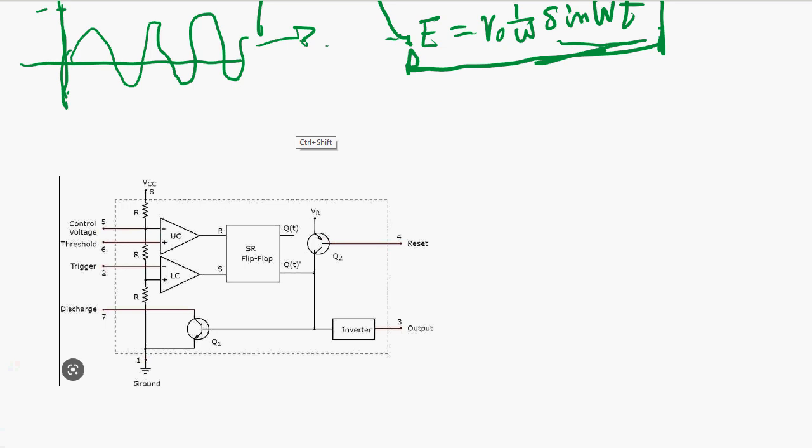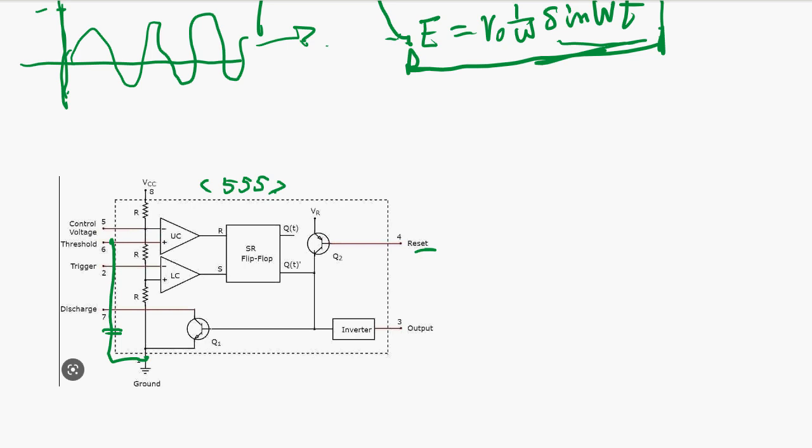Before we go to hands-on electronics, this is the 555, a very well-known timer circuit. A timer circuit basically has a threshold. This voltage increases by charging through the RC. You connect a capacitor here. Then there is a reset.